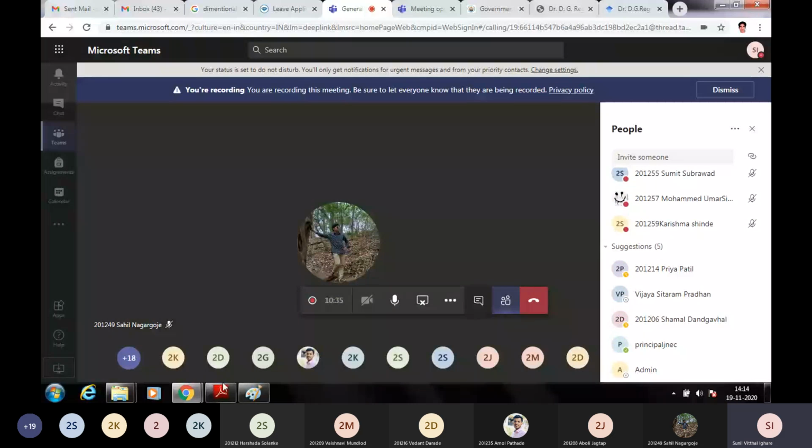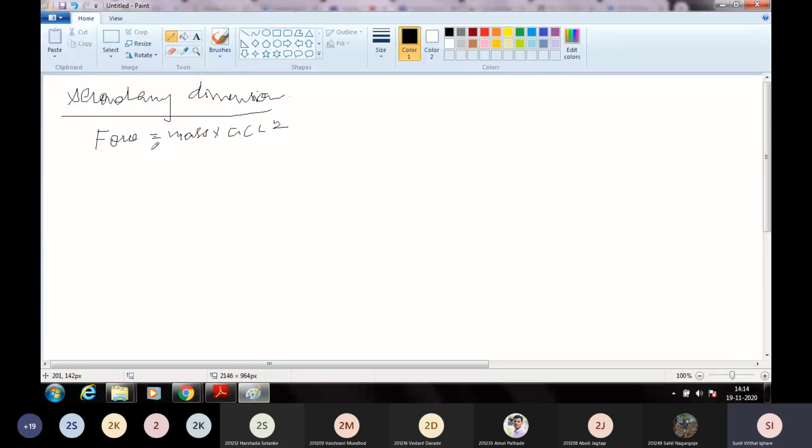Now we simplify this. Mass, I can write as M in fundamental quantities, represented by capital M, multiplied by acceleration. Acceleration is velocity by time. Is it okay? Velocity by time.